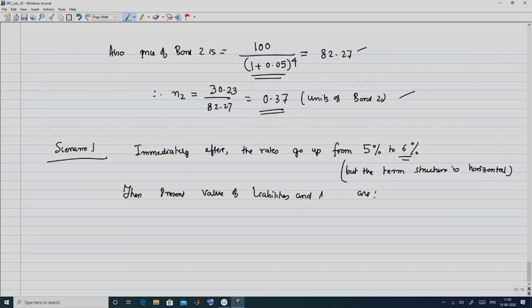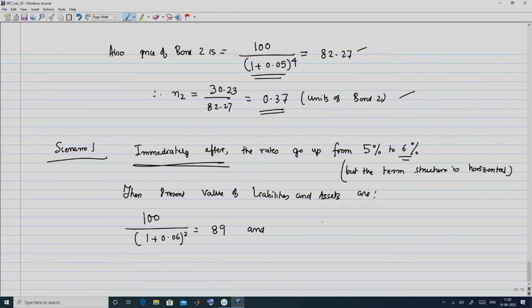So what was your liability? Your liability was 100 and its present value, since it is an immediate change in the interest rate, is going to be 100 divided by 1 plus 0.06 squared, because the interest rate now is 0.06, and this is equal to 89.